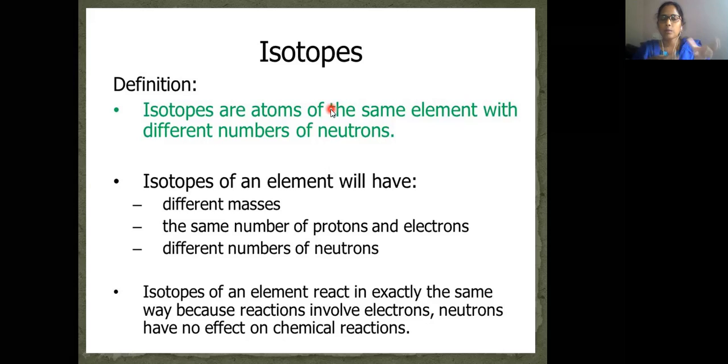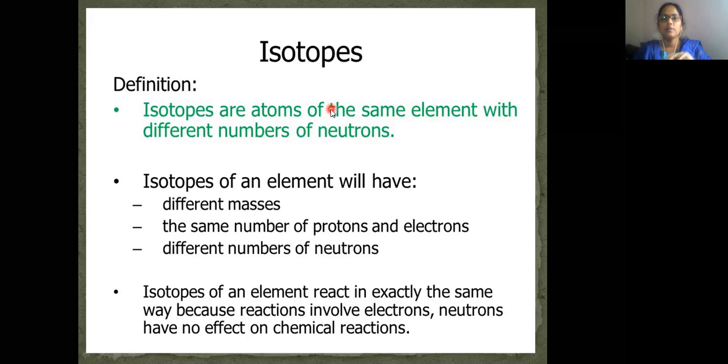So when you incorporate these isotopes into any reaction, like we have carbon, right? If you replace one of the carbons with the carbon isotope, what happens? This carbon isotope is also involved in the reaction exactly the same as the original carbon, but it will not interfere with the reactions.